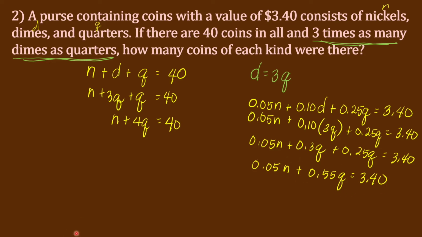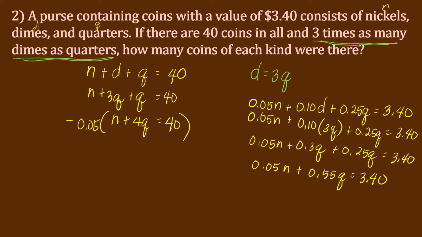Now, we can actually multiply this N plus 4Q equals 40 by negative 0.05, so that the negative 0.05 N can be cancelled with this positive 0.05 N here.